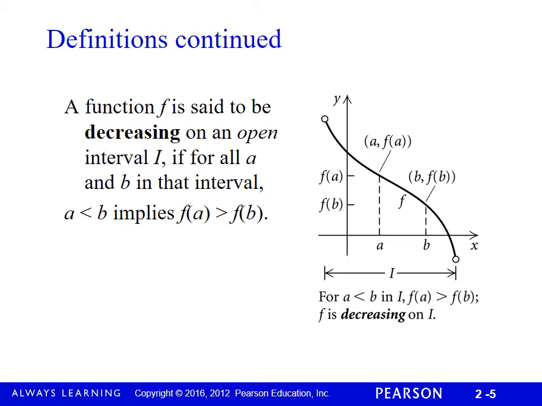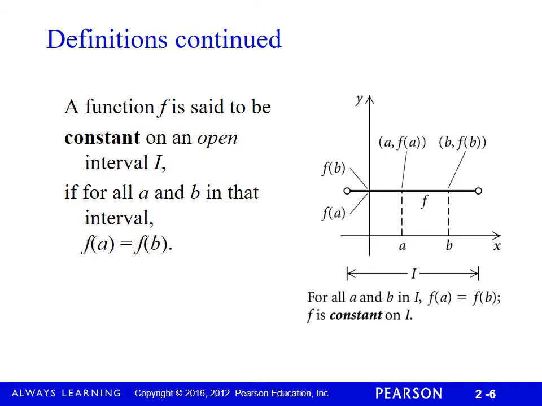So here this is a smaller value of x, but a larger value of y, because we're coming down. A larger value of x and a smaller value of y comparatively, because the function is decreasing. So as x goes up, y goes down. Decreasing functions, as x goes up, y goes down. That's all this is saying again.